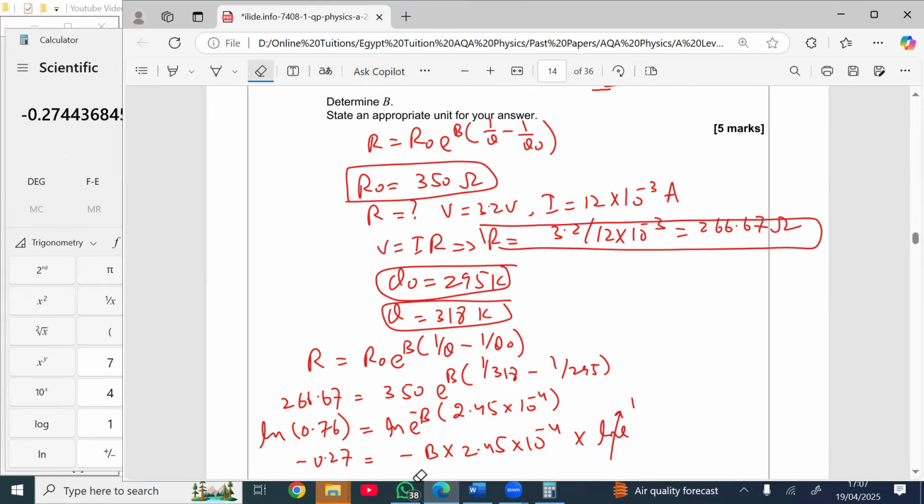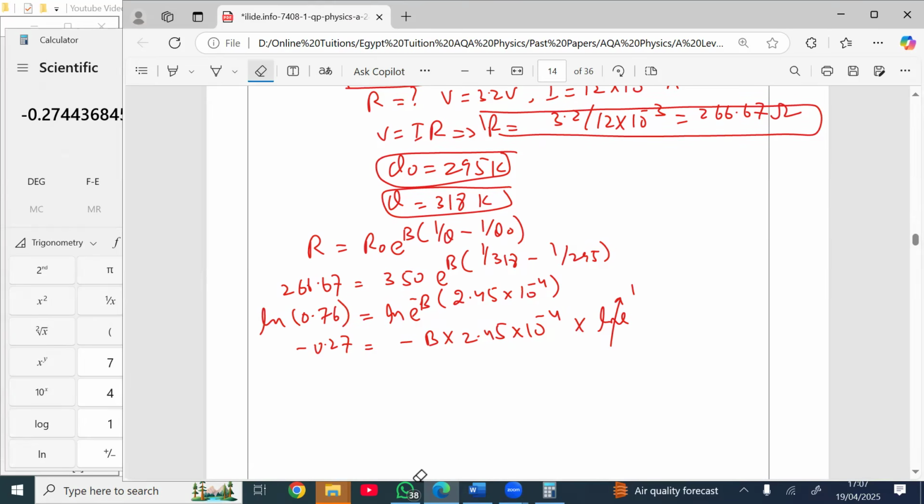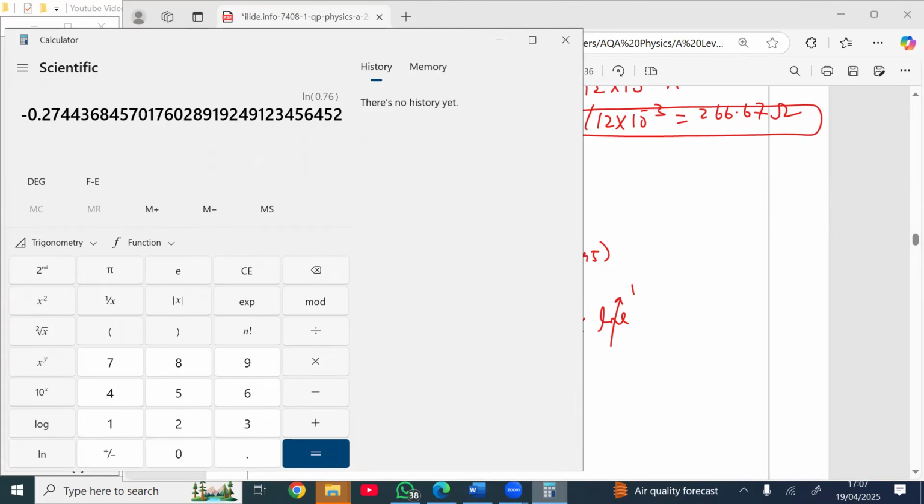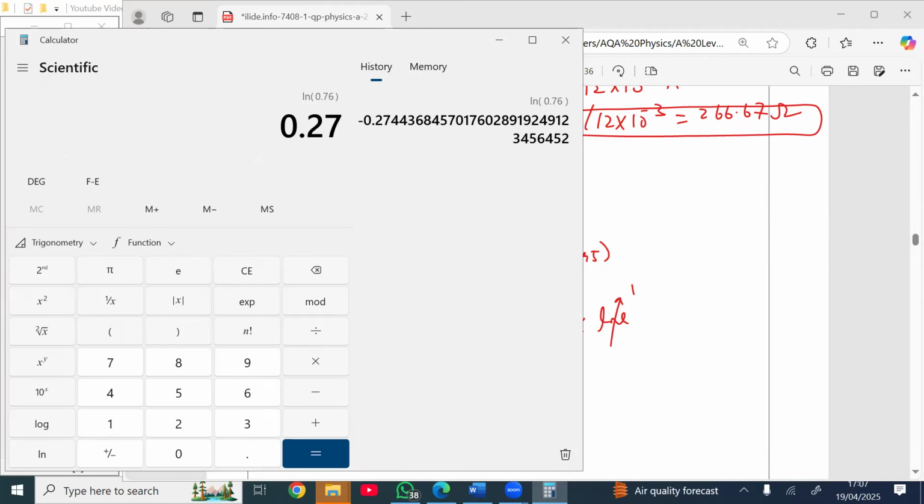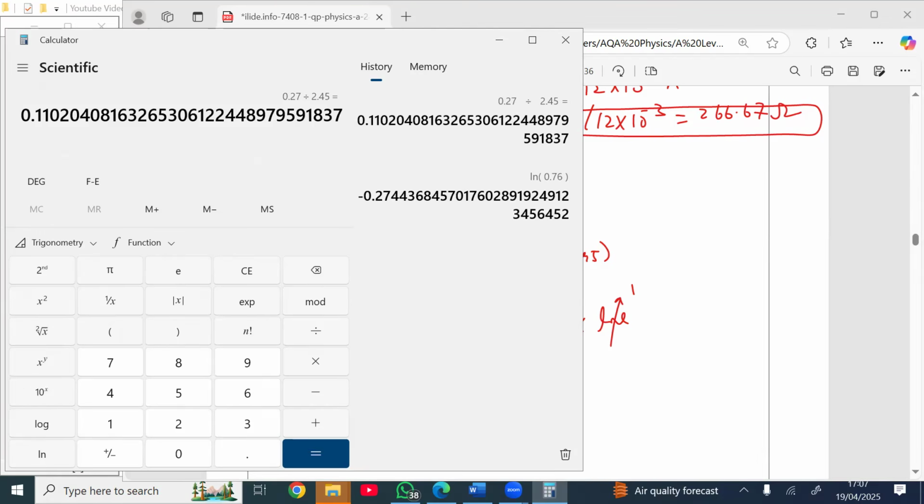The negatives on both sides cancel. So just do 0.27 divided by 2.45 into 10 raised to the power minus 4, so it is 0.1102.